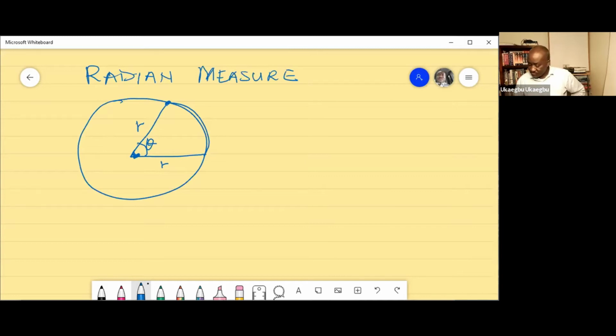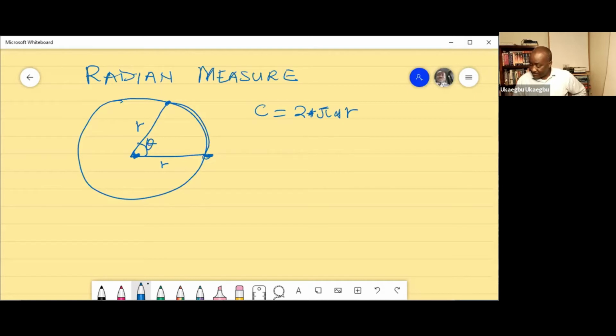Now, if this person that started here moved around completely and completed the circle, that person would have covered the circumference of the entire circle, which is C equal to 2 pi multiplied by radius.